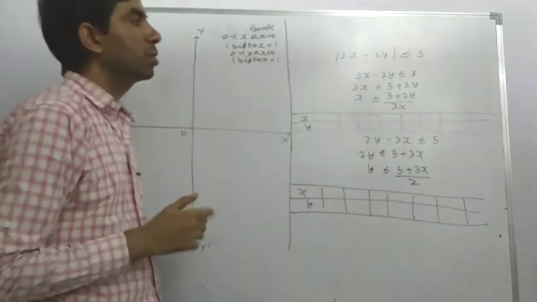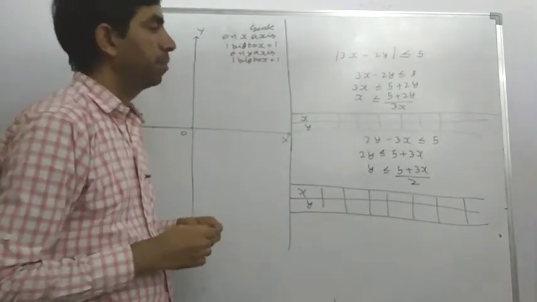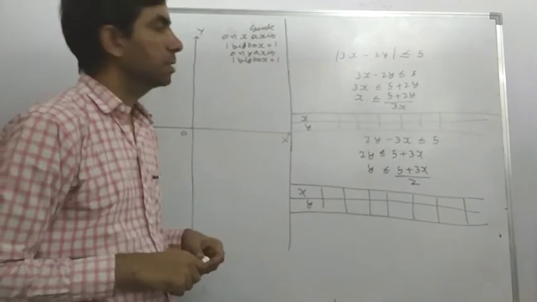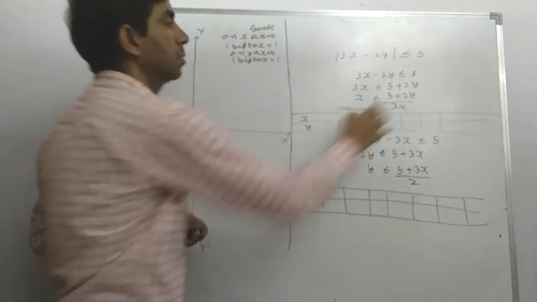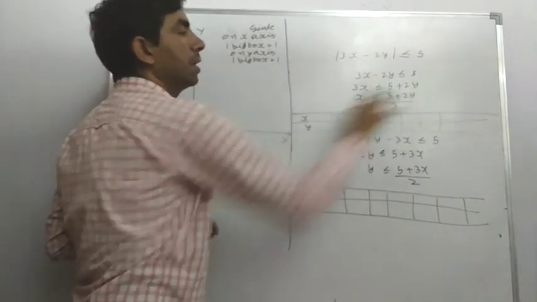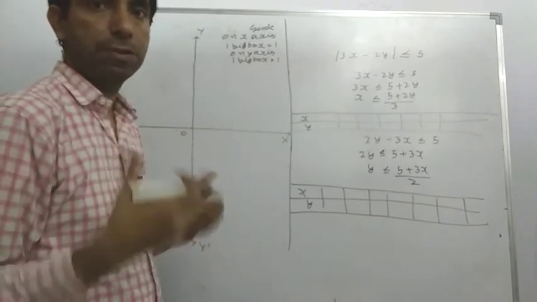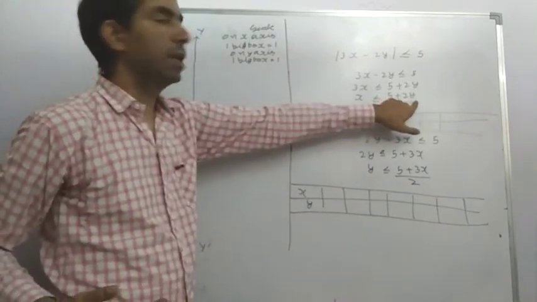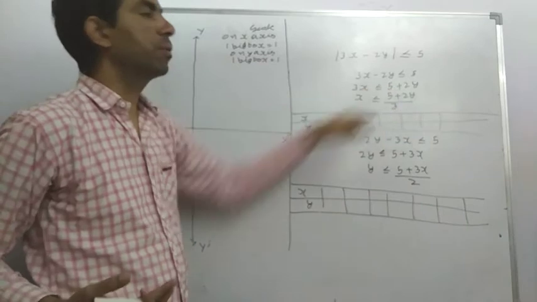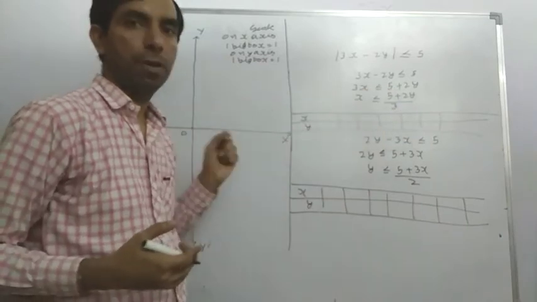Here in both equations we have some conditions. Generally we suppose the value of y as 0, 1, 2, 3, 4, 5. If y is equal to 0, then 5 upon 3, we cannot divide 5.